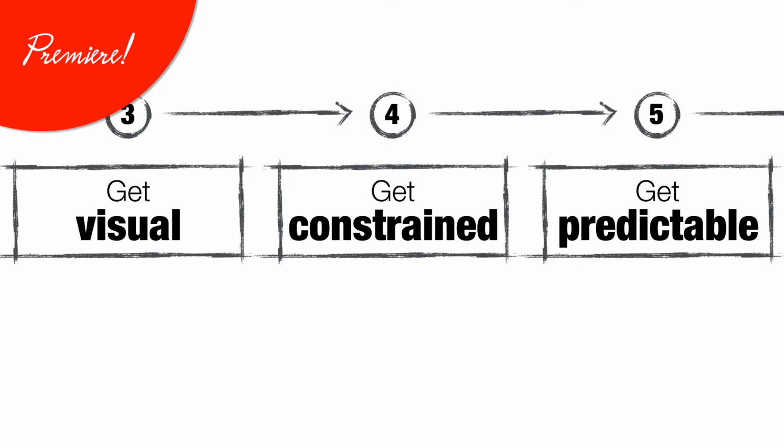The Scrum people among you might be thinking I'm trying to sneak in a little bit of Kanban. I couldn't possibly comment. Moving swiftly on to stage 4, get constrained. Having allegedly borrowed from Kanban for stage 3, in stage 4 we steal shamelessly from Lean as we apply work in progress limits, also known as WIP limits.